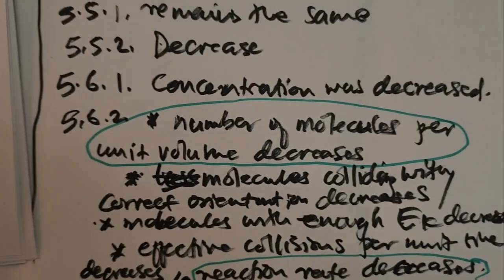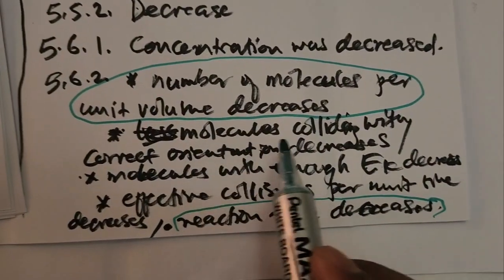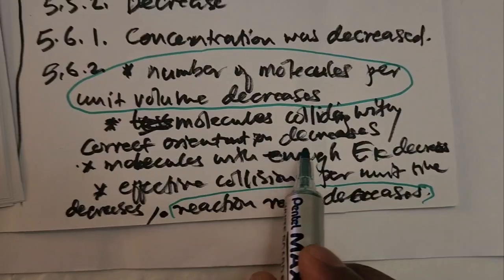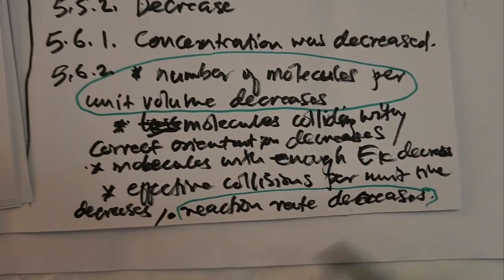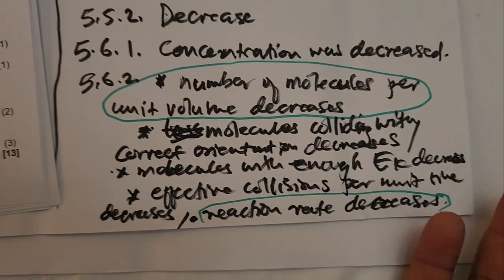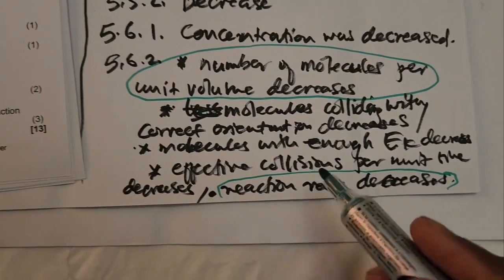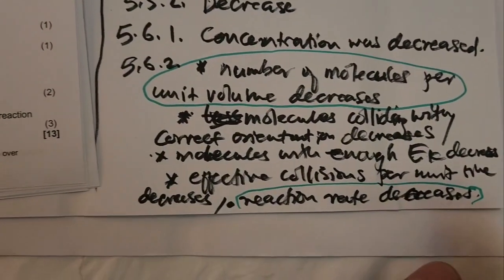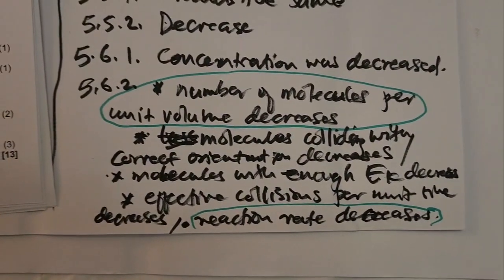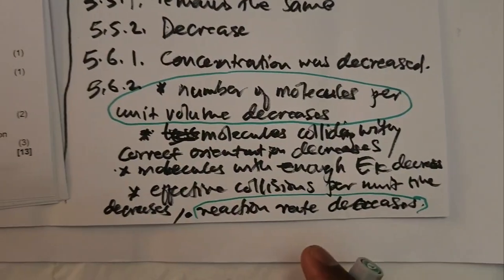And then of these three, either molecules colliding with correct orientation decrease will be the third mark, or molecules with enough kinetic energy decreases will be another alternative mark, or effective collisions per unit time decreases. So any of these three will get the third mark. I think it's understood, answering the question accordingly.